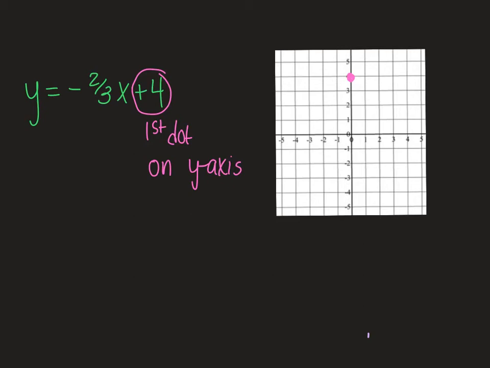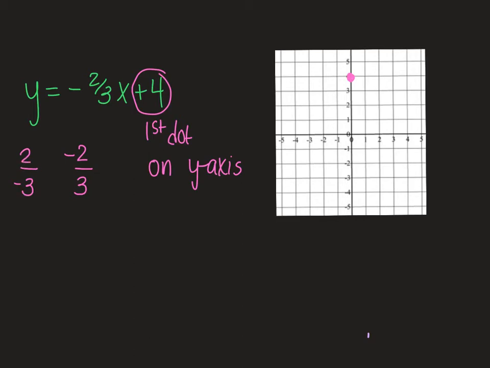Where will my other dots be? Well, I'm going to look at my slope. My slope is negative 2/3. I can either make the negative on the top or on the bottom. I can go down and right or up and left.